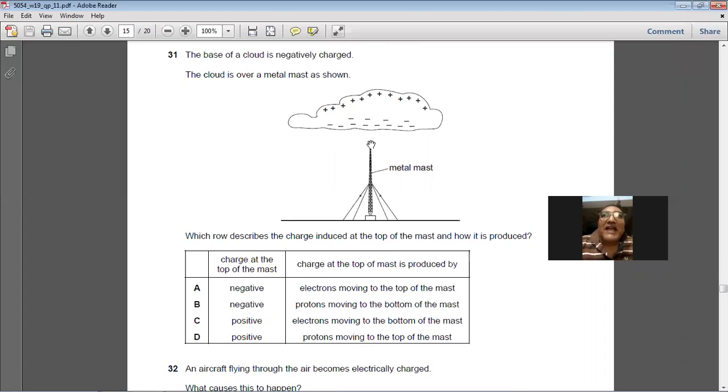And the top of the mast will become positive, because of the repulsion due to these negative charges, the electrons have moved down. So the top of the mast will be positive, and the reason is that the electrons are moving to the bottom of the mast. So C looks the good option, sir. Question number 31, C is the right option. The charge on the top of the mast will be positive, and the reason is the electrons from here have moved down. So C is the right option, sir.